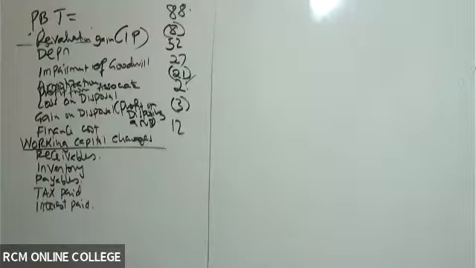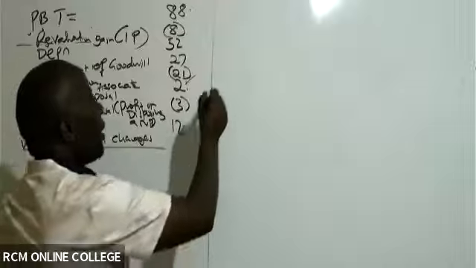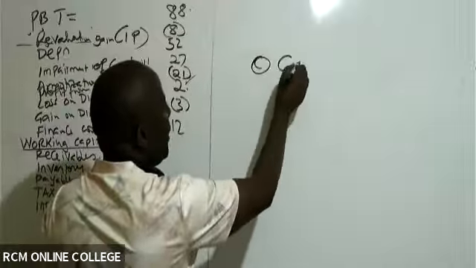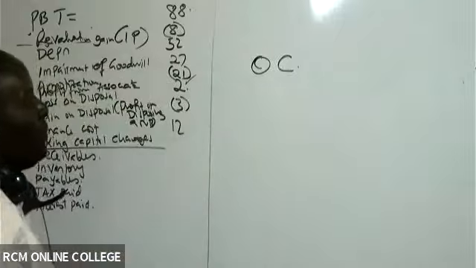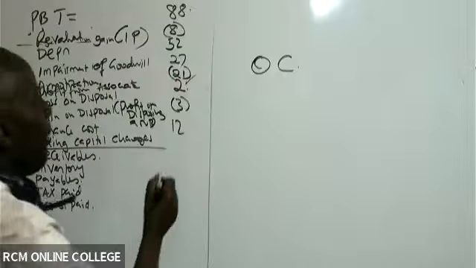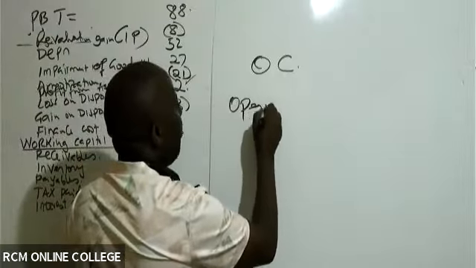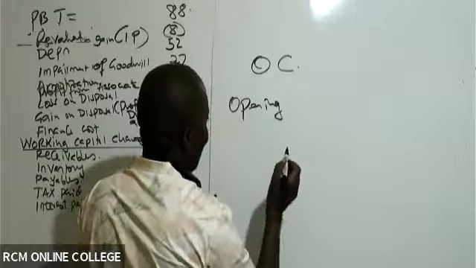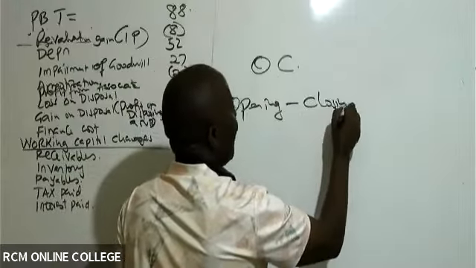Under working capital changes, we normally use the acronym OC: opening minus closing.